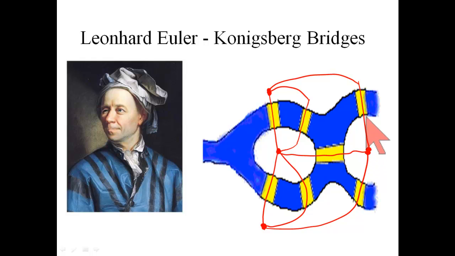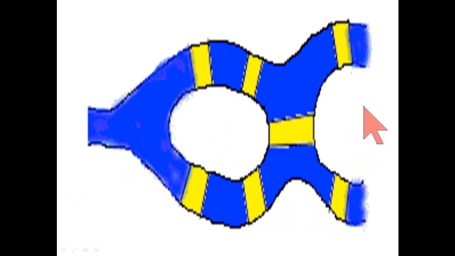To go across a bridge is to go along an edge, the corresponding edge. This is just a bigger picture of the slide. And you might experiment on this empty slide and see if you could go across each bridge exactly once.